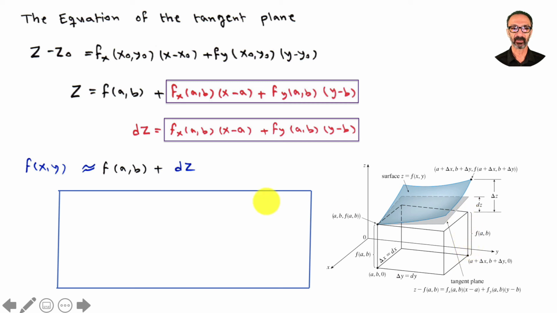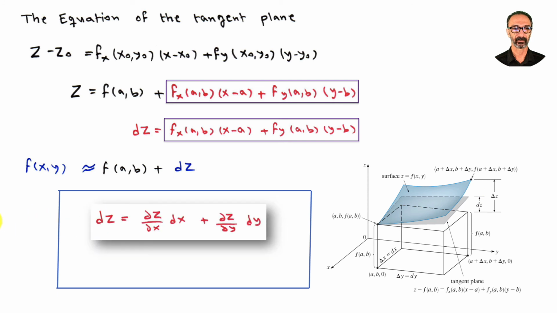This is f of (a, b) and this is dz. So what's dz in a different way? dz is dz/dx times dx, that's a difference in x, plus dz/dy times dy.